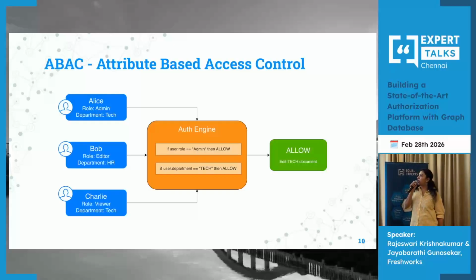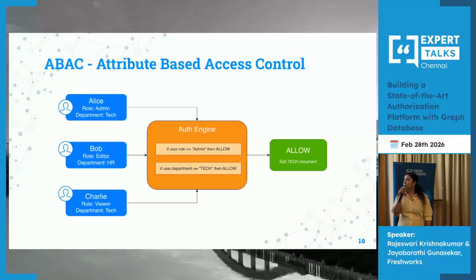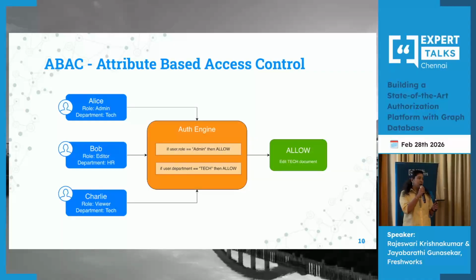The next one is attribute-based access control. So here you pick some attributes for your users and then define your access policy based on that. So you can say Alice has role admin and her department is tech, but Bob's role is editor and his department is HR. Now I want to define a policy for who's allowed to edit the tech document.